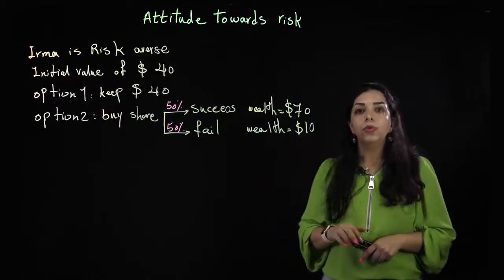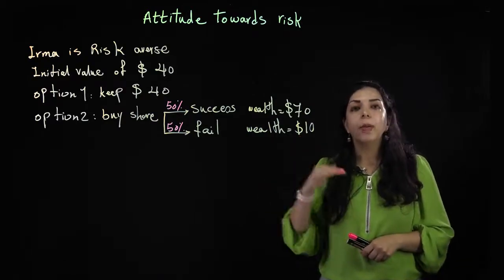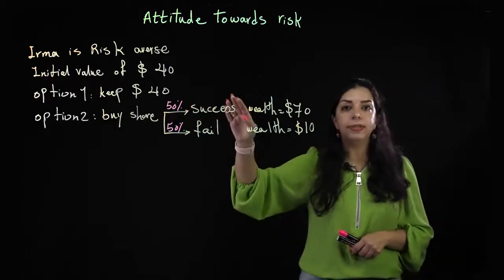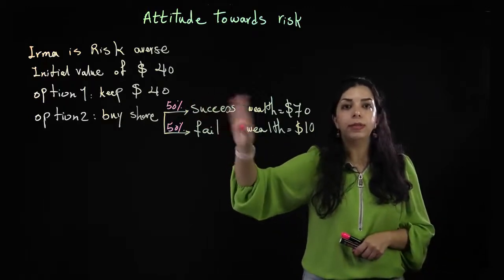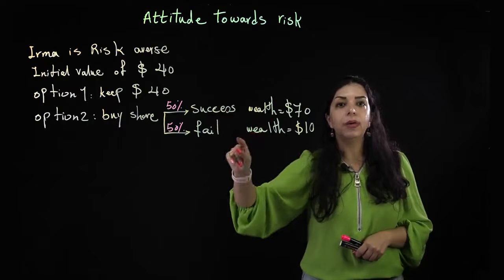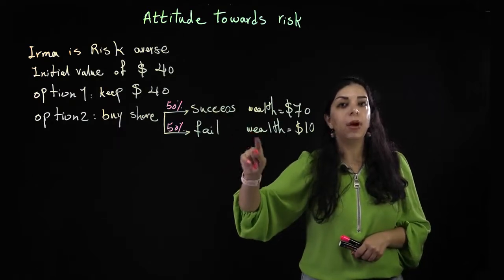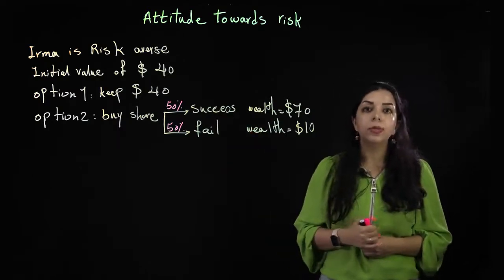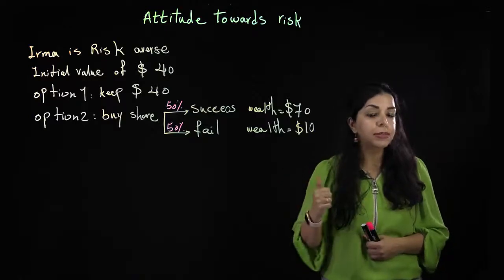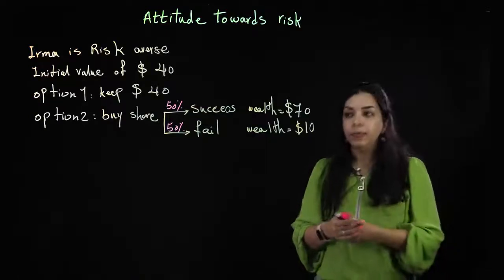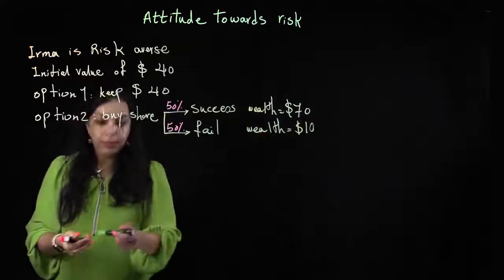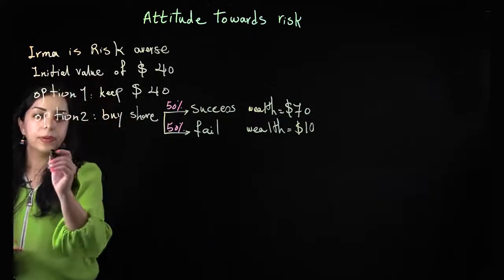So now we want to compare these two options. The first option is just keep the first value, keep the same amount of wealth, do nothing. The second option is to invest and buy some shares. Once we want to compare these two situations, we have to calculate the expected value. So let's calculate the expected value to see what is happening.